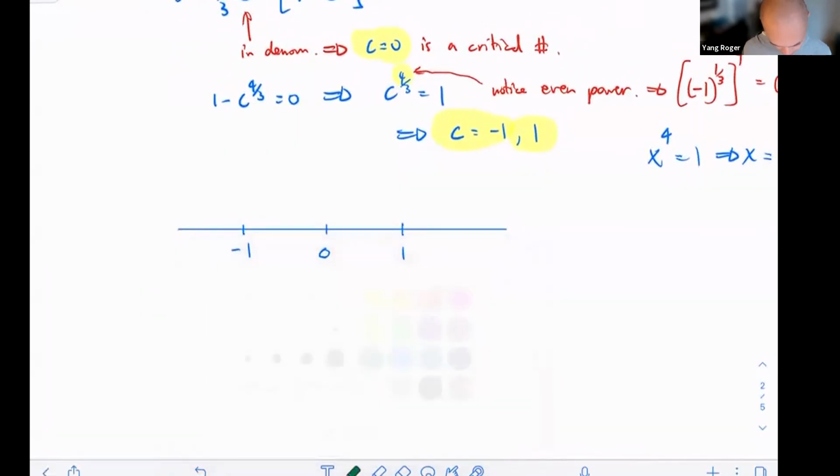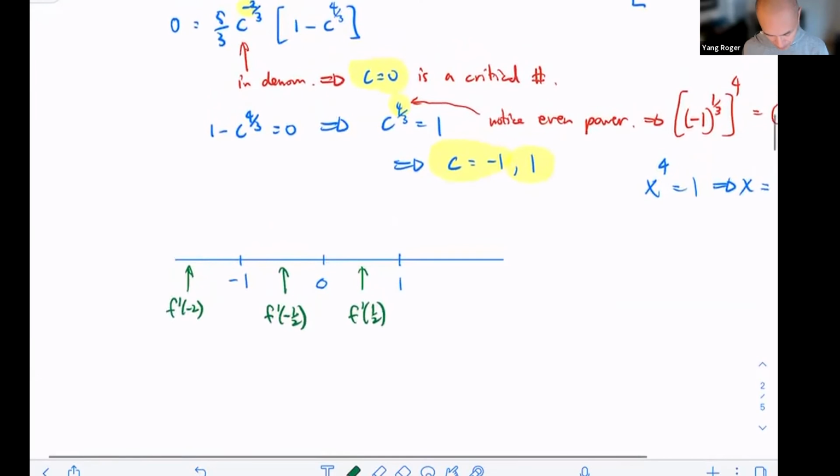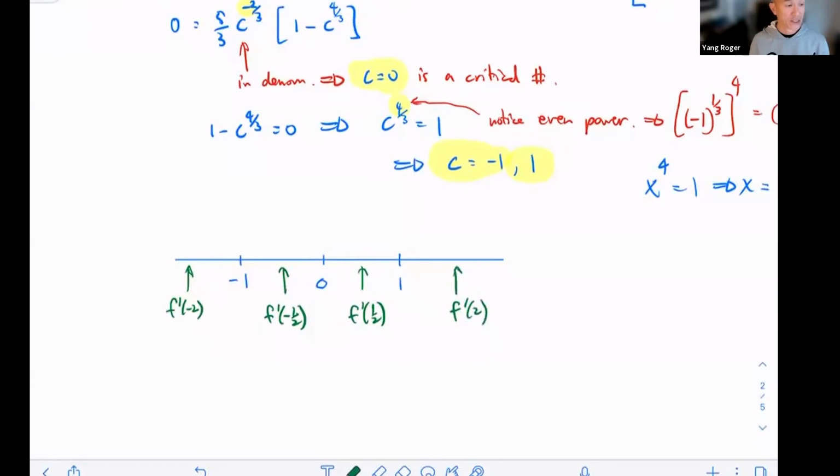We could choose like -2 and calculate what f prime of -2 is. We could choose -1/2 and calculate f prime of -1/2. We could choose a test point in here of 1/2 and find f prime of 1/2. And then finally, we could choose something bigger here, like 2, and calculate what the sign of each of those is.